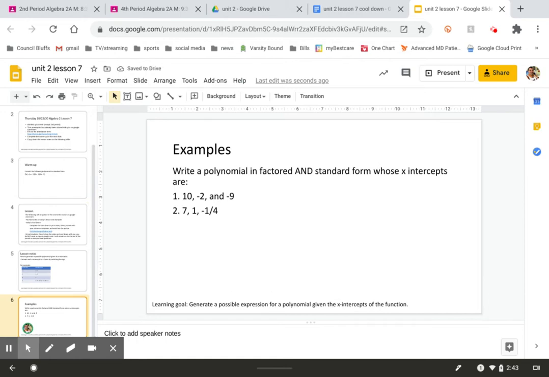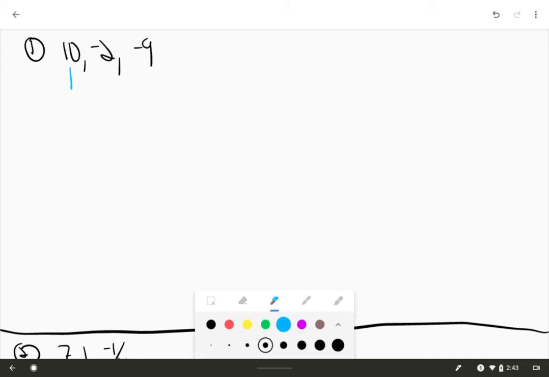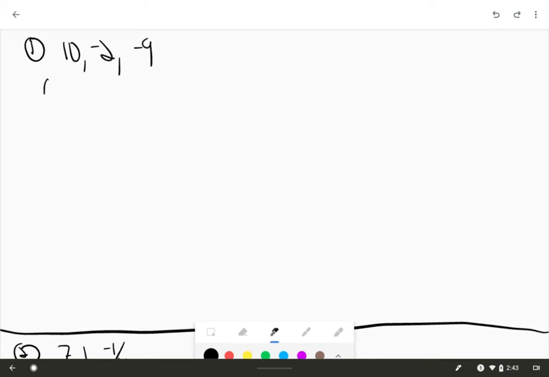Write a polynomial in factored and standard form whose x-intercepts are the following. Let's take a look at number 1: 10, -2, and -9. Because there are 3 x-intercepts, there are going to be 3 factors. The first x-intercept is 10. To convert that to a factor, I am going to switch the 10 to a -10, and thus the factor becomes x minus 10.